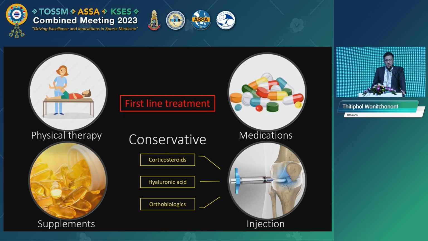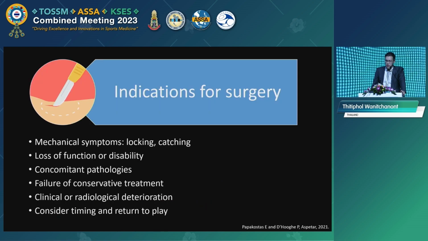Of course, conservative treatment is the first line, except if there are mechanical symptoms such as locking or catching, loss of function or disability, a concomitant pathology that needs to be corrected, or failure of conservative treatment, or if on follow-up there is deterioration of clinical or radiological findings. That is the indication for surgery.